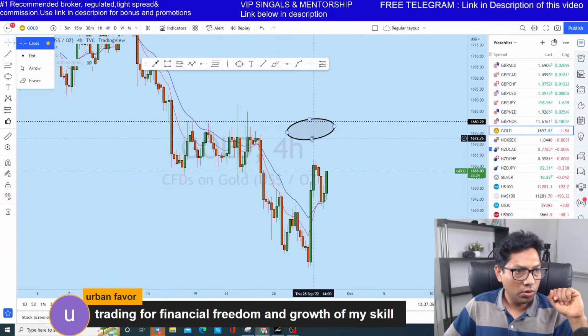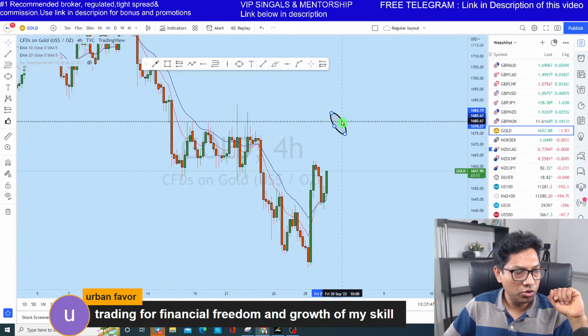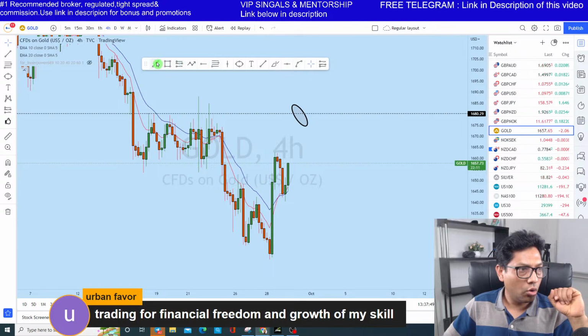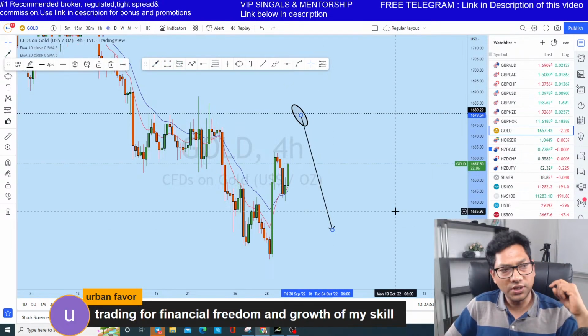In this zone, I'll be waiting for a price action confirmation for shorting gold. From this zone I'll be shorting gold to take a big move to the downside with our students.